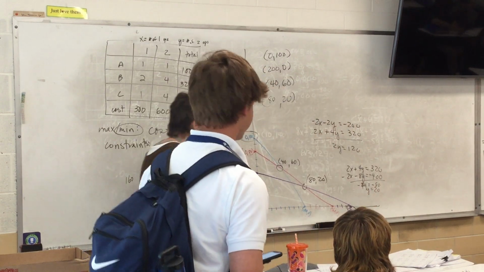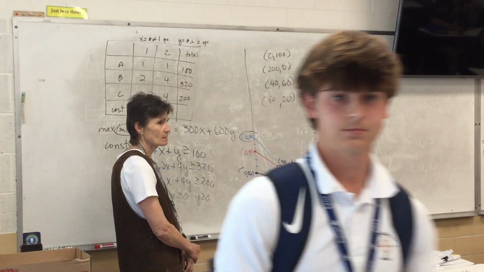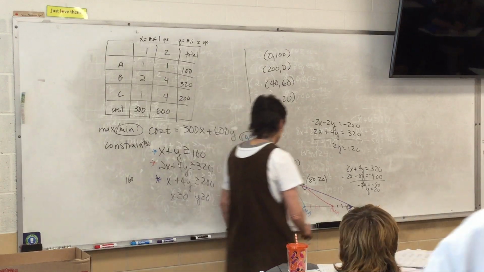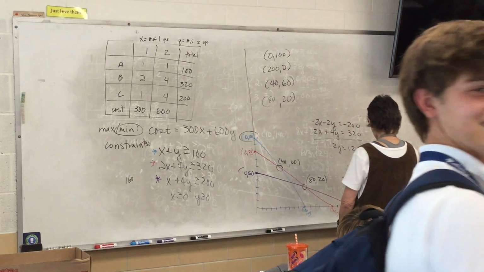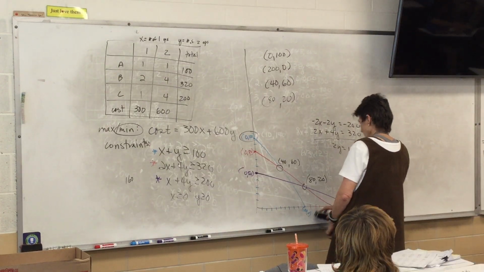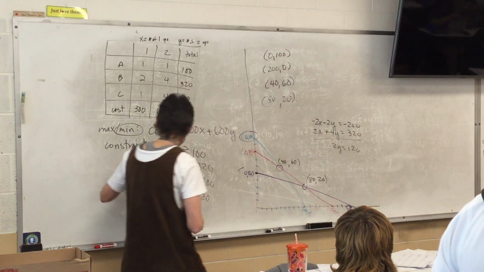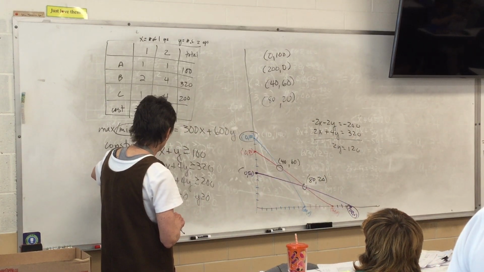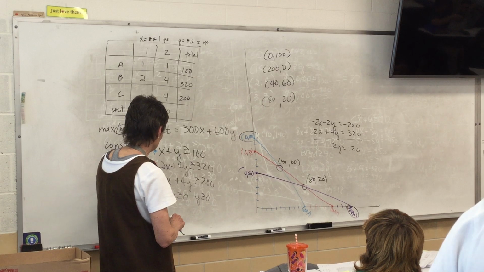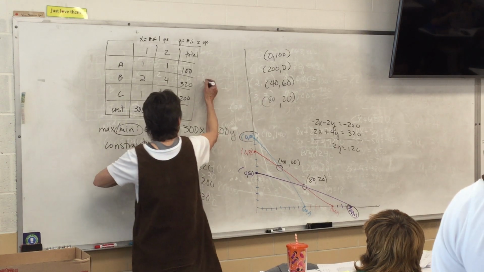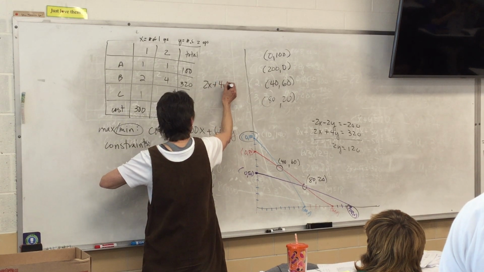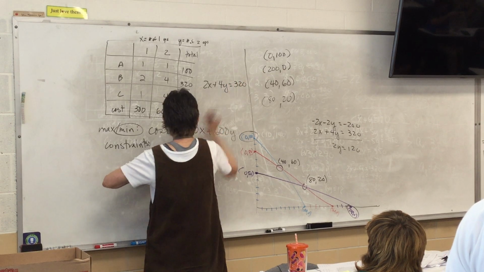Did anybody get 80-20 as one of your points? I got 120. Alright. I'm looking for the intersection of purple and red. It's 2x plus 4y equals 320.